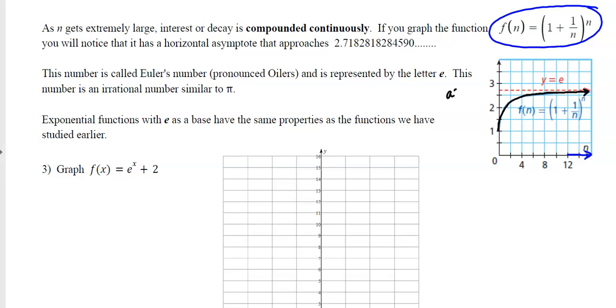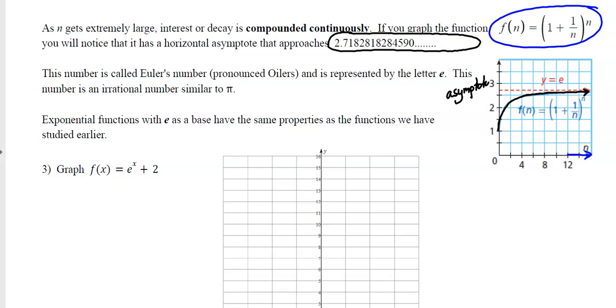Remember, an asymptote is a line, it's kind of like a force field that never gets crossed. Well, there's an asymptote there, and it came out to be a really important number. And the number is 2.71, and as technology gets better and better, we can get more and more digits. But it's a number that goes forever.